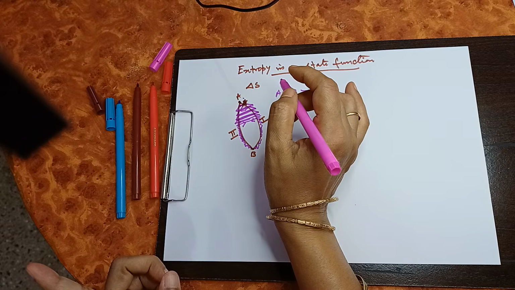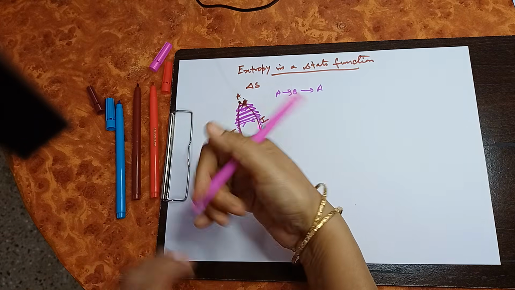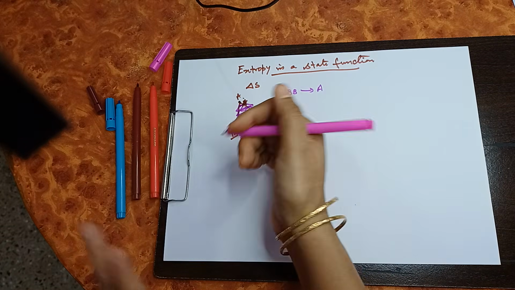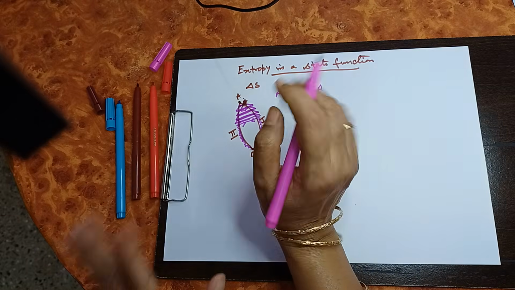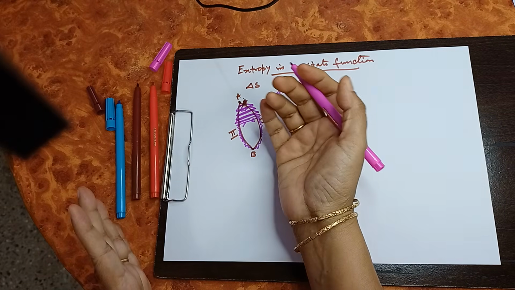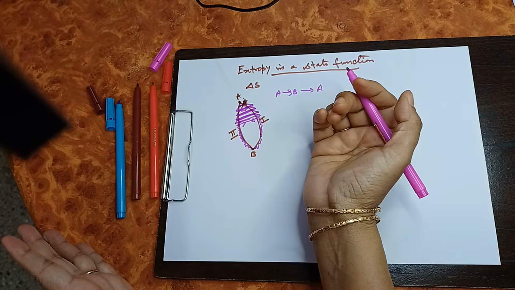So for one Carnot cycle, if it is 0, for an infinite number of Carnot cycles also it will be 0. 0 plus 0 plus 0, means for a large number of Carnot cycles also it will be 0.